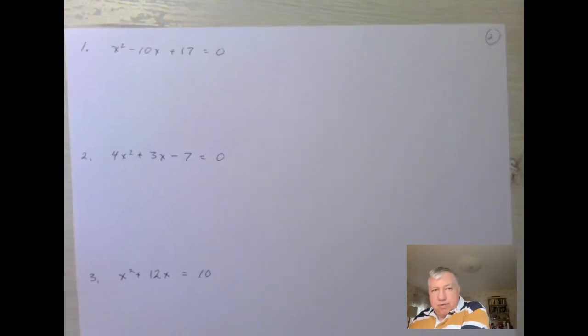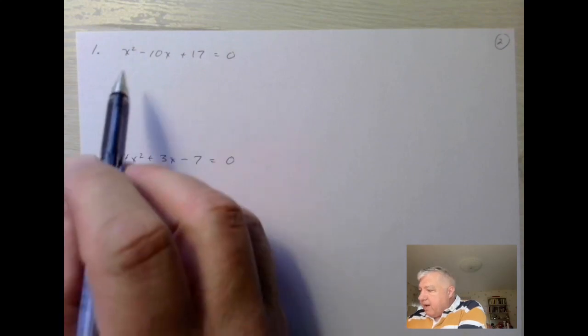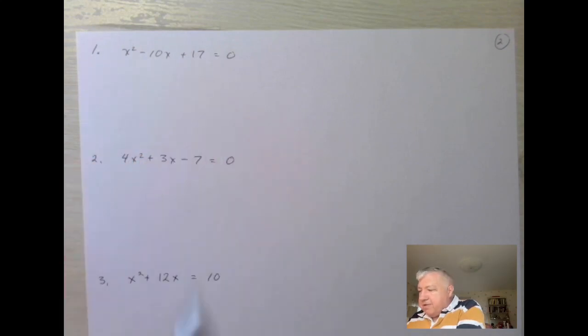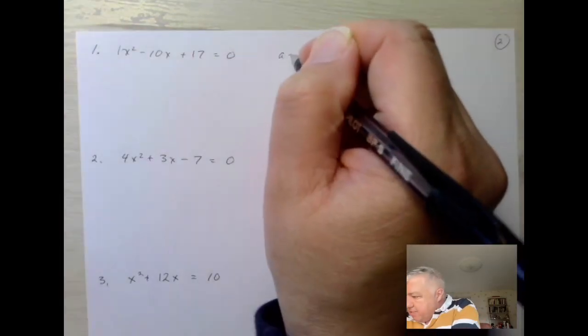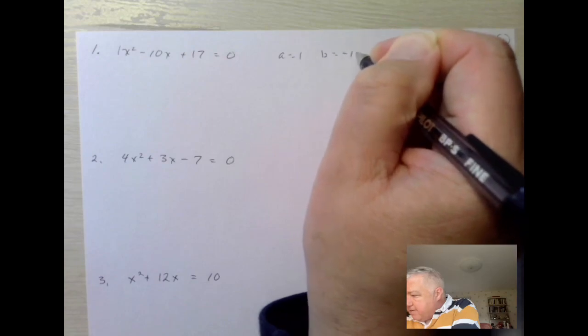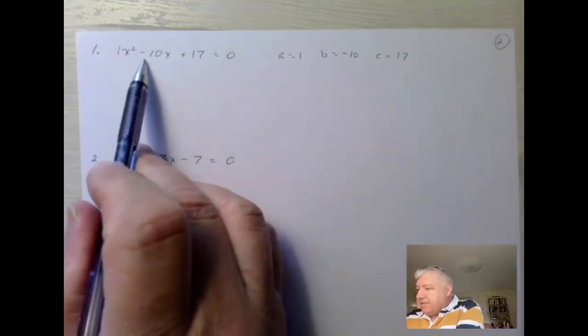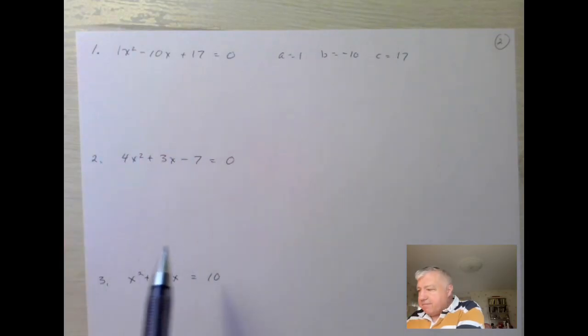Okay, so in the first example, we have an equation in the form x squared minus 10x plus 17. So the 1 here is understood. So a is 1, b is negative 10, and c is 17. It's negative 10 because this is the same thing as plus negative 10.